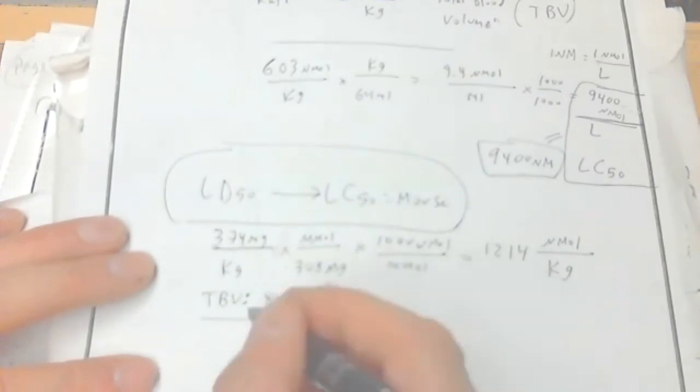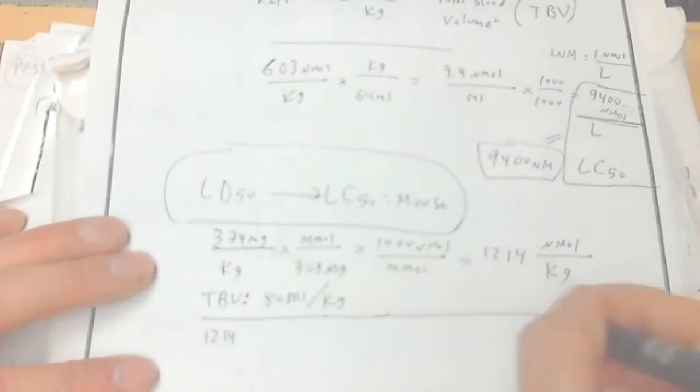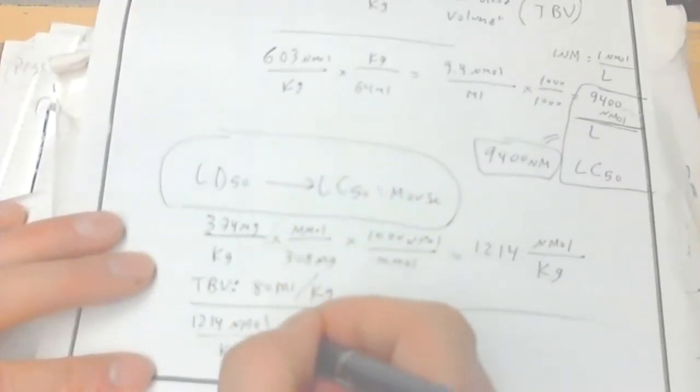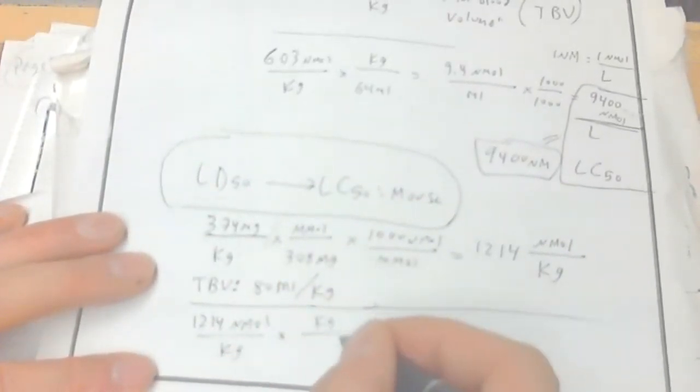Okay, so now all we have to do is basically take the 1214 micromole per kilogram and we use the total blood volume. We get 15.2 micromole per milliliter times 1,000.